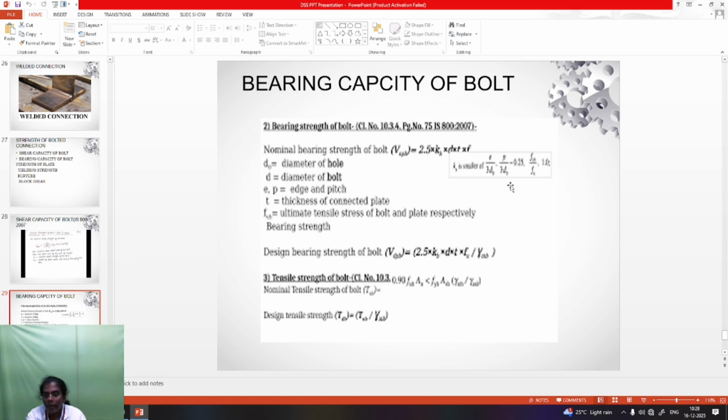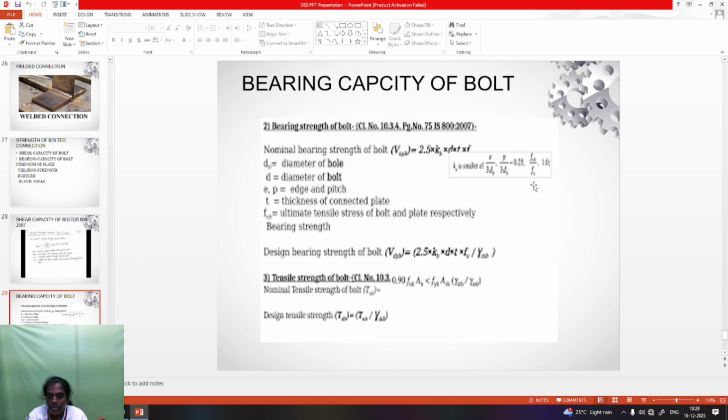Pitch, next, p by 3 d naught. P means pitch. What is meant by pitch? The pitch is the center to center distance between two bolts. The horizontal distance between the centers of two bolts is known as the pitch. If you don't have any given data, you take 2.5 times d naught. d naught, as you know, is 22 mm. 22 times 2.5 is the pitch.